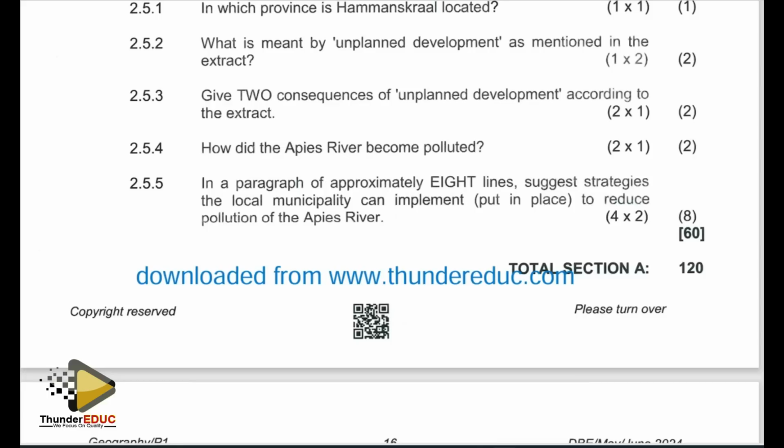Then we can also talk of private public partnership. The municipality can partner with private businesses to find solutions to the problem of water pollution, of river pollution. Engaging with private entities can also help enhance resources in case the municipality or the local government is crippled in terms of its financial capacity to deal with the problem.